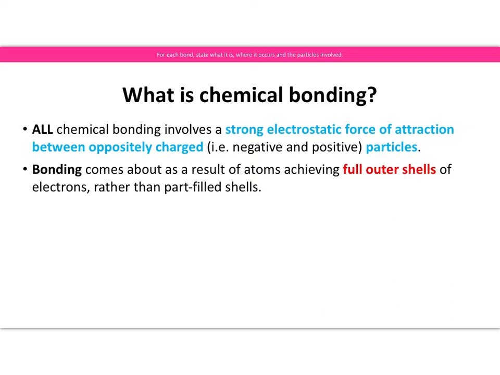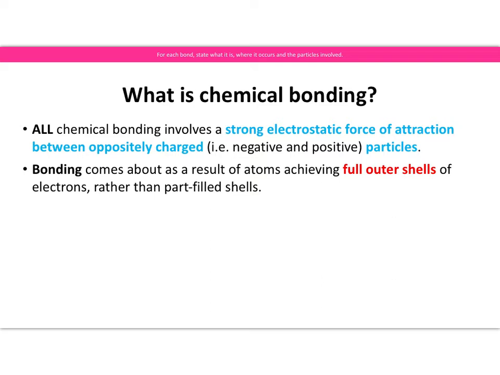Because if you think about what you did in atomic structure, and your periodic table, and your groups, your first shell could hold a maximum of 2 electrons, and then your second shell and third shell could hold a maximum of 8. That was when they were full. So when the first shell had 2, it was full. When the second shell had 8, it was full. When the third shell had 8, it was full.